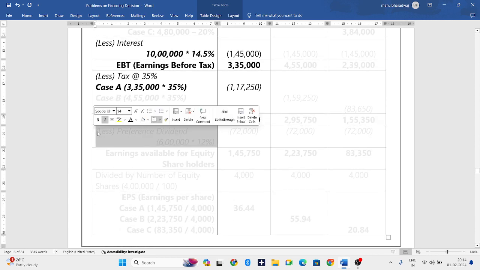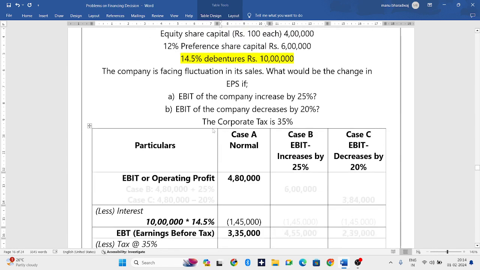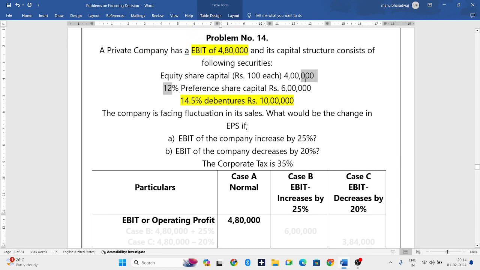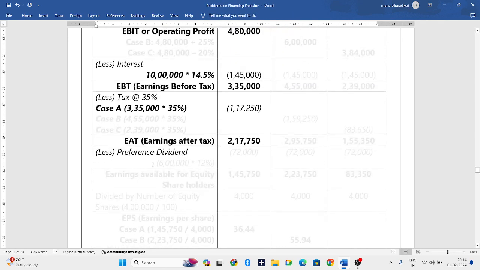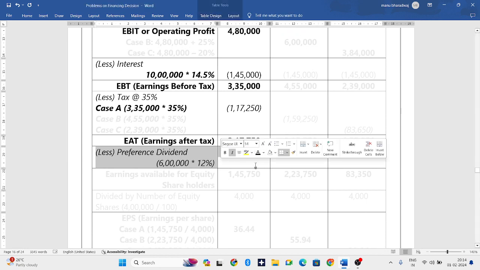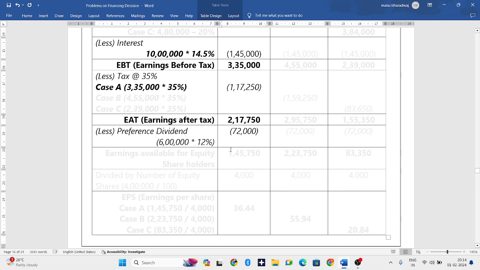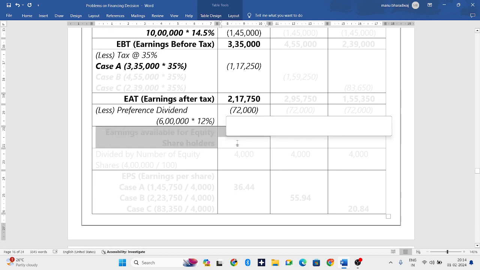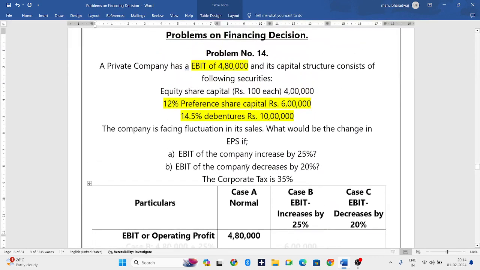From this we have to reduce the preference dividend. Preference share capital, we have total 6 lakh and the dividend for them is 12%. So 6 lakh into 12% gives the preference dividend, that is 72,000. If we subtract those two, we will get earnings available for equity shareholders. That has to be divided by the number of equity shares.